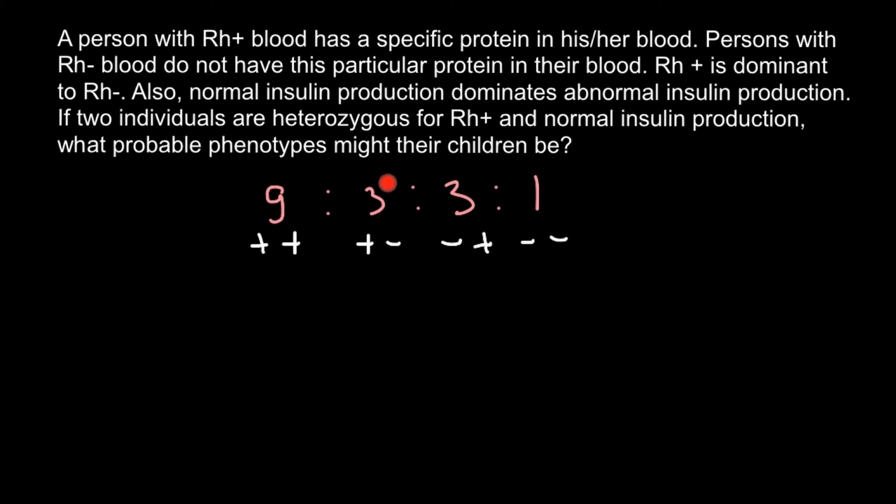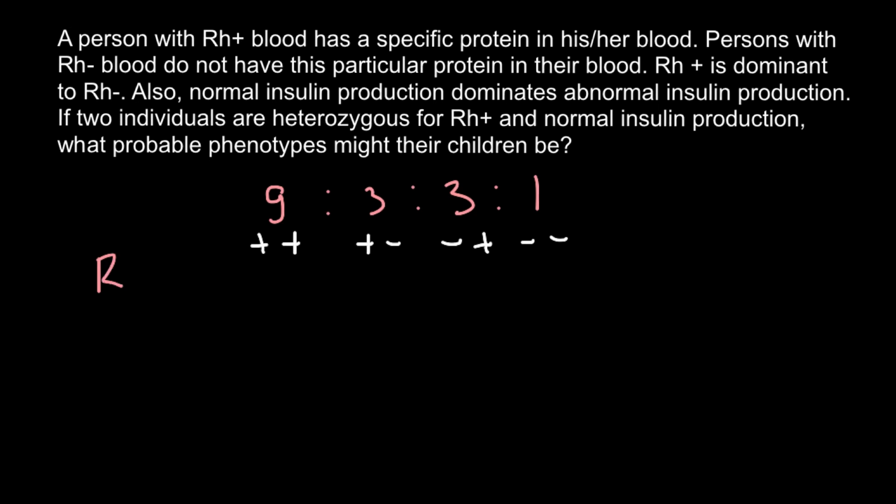So 9 plus 3 plus 3 plus 1 would be 16, so 9 out of 16, 3 out of 16, 3 out of 16, and 1 out of 16. Now let me show you a very easy method to solve this problem. We know that both parents are heterozygous for Rh factor.